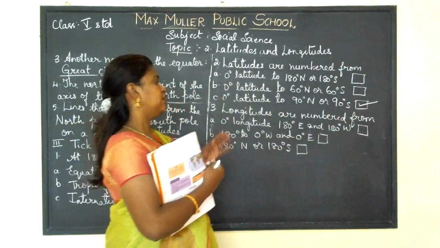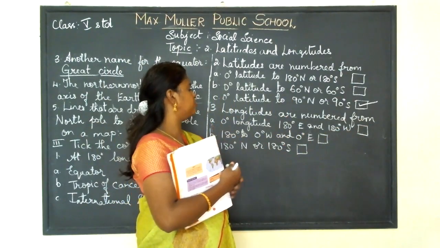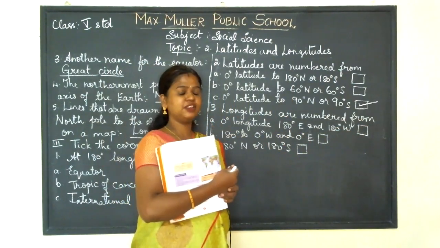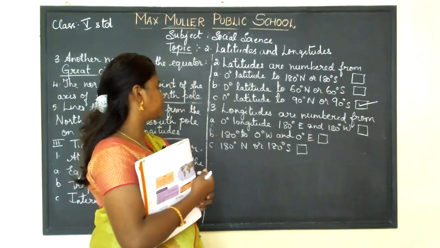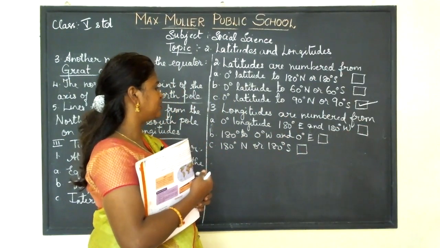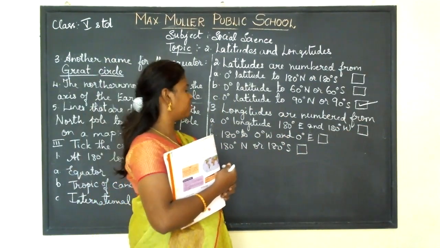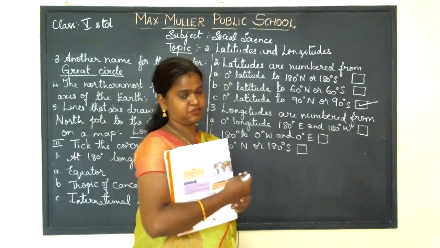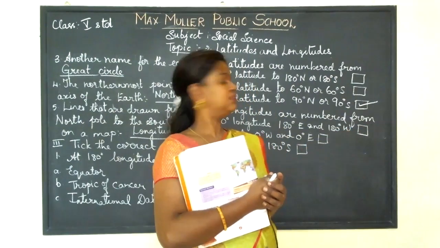Longitudes are numbered from. The first option is 0 longitude, 180° east and 180° west. The second option is 180° to 0° west and 0° east. And the last option will be 180° north or 180° south. So which will be the correct option?